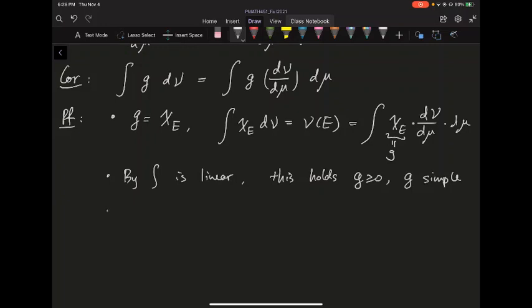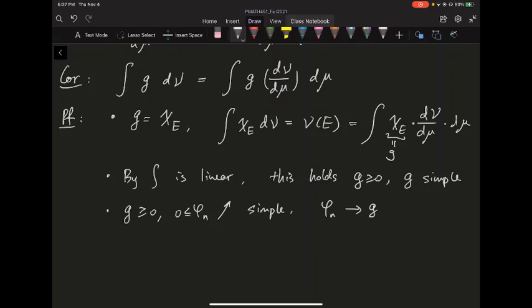For the rest, if your g is greater than or equal to 0, then you pick an increasing chain of simple functions. Let's assume for now that nu and mu are positive measures, so your Radon-Nikodym derivative is also positive. We'll talk about signed measures later. You will have a sequence of simple functions that converge pointwise to your g, and these are non-negative as well.